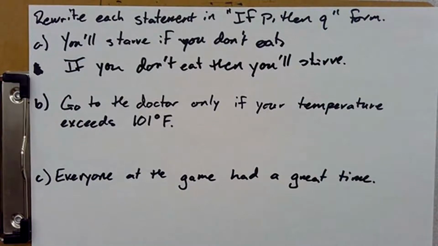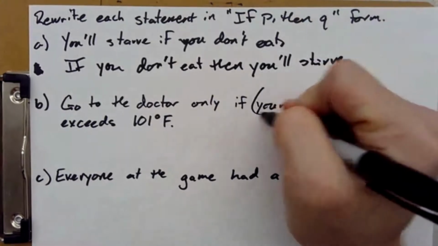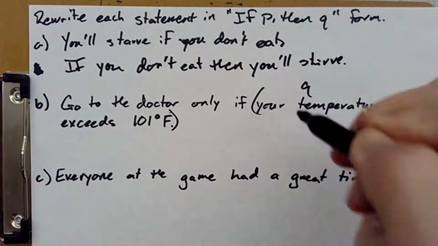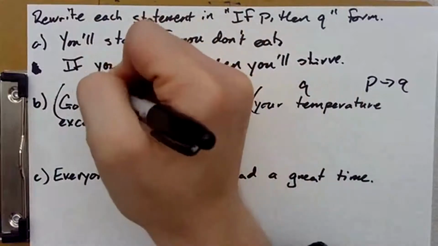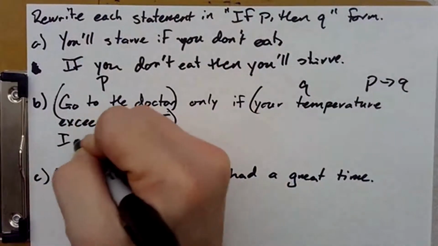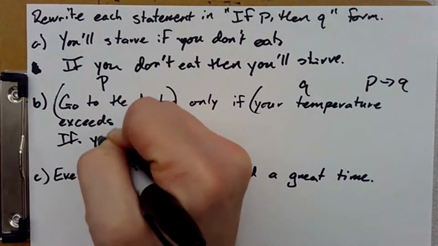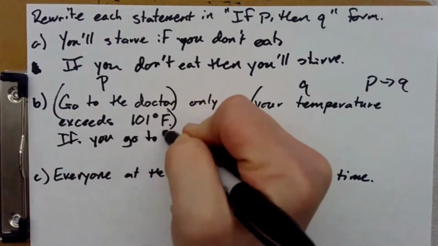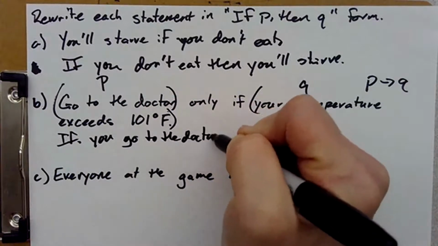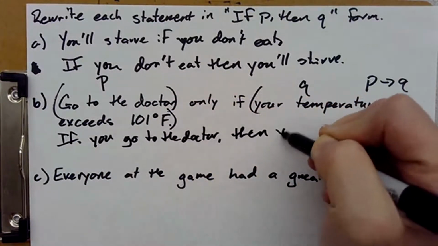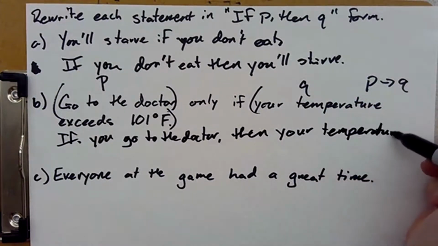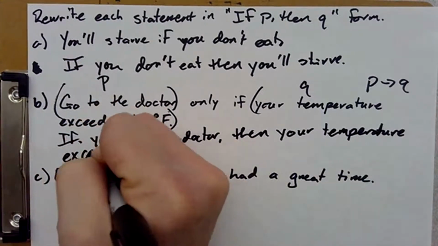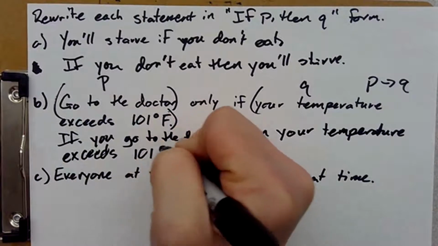Go to the doctor only if your temperature exceeds 101 degrees. Well, remember, only if implies that this is our Q in if P then Q, and this is our P. So this is if you go to the doctor, then your temperature exceeds 101 degrees Fahrenheit.